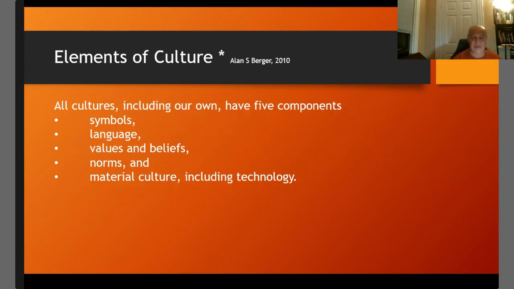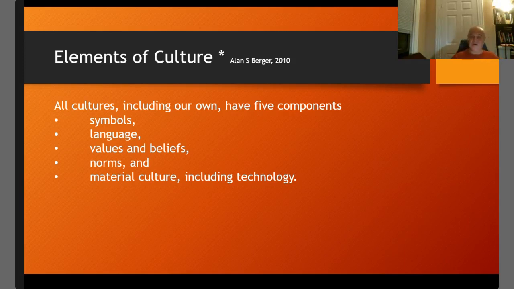Let's look at some of the elements of culture. All cultures, including our own, have 5 components: symbols, language, values and beliefs, norms, and material culture. This is technology. And by technology, we're talking about any way that human beings physically manipulate their environment.